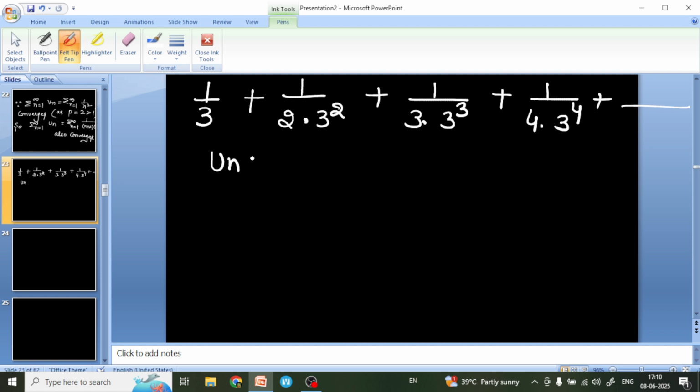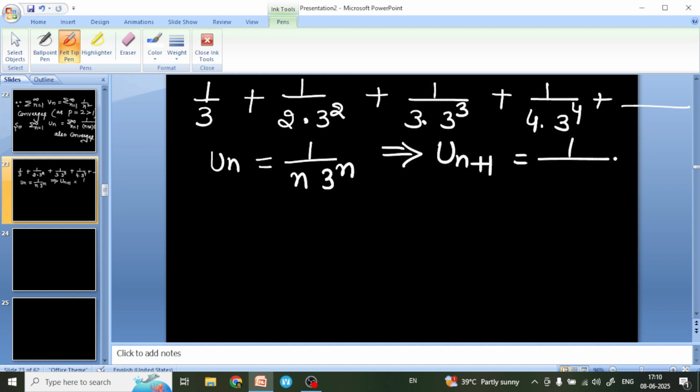First of all, un is equal to 1 by n multiply 3 raised to power n, and if we take un plus 1, then it will be 1 by n plus 1 into 3 raised to power n plus 1.